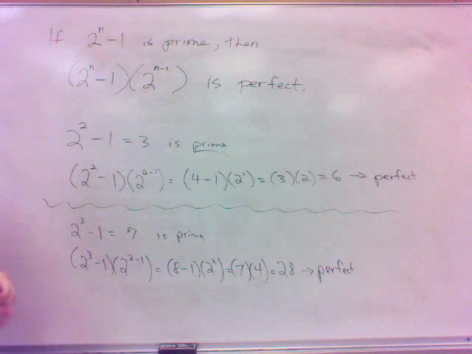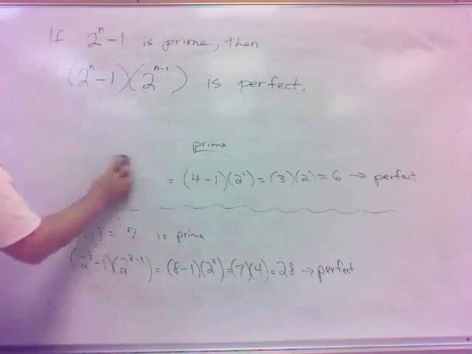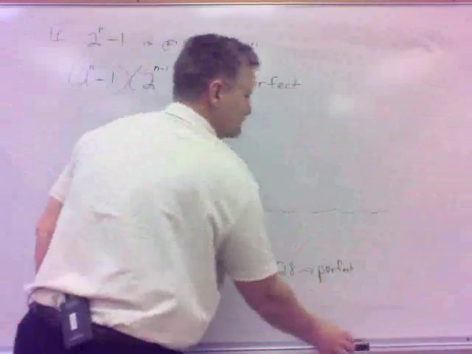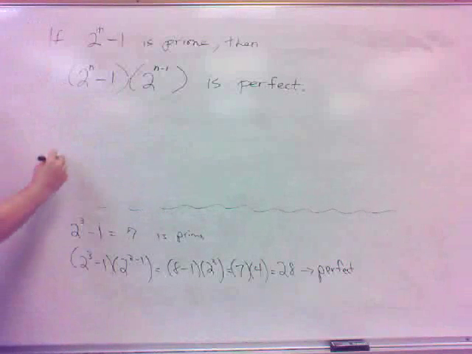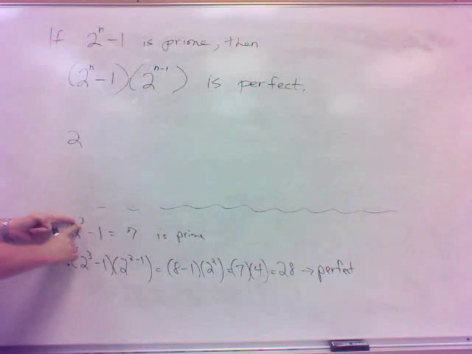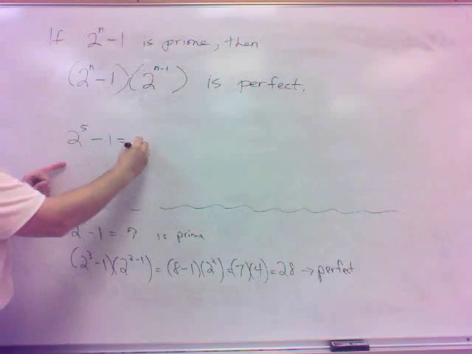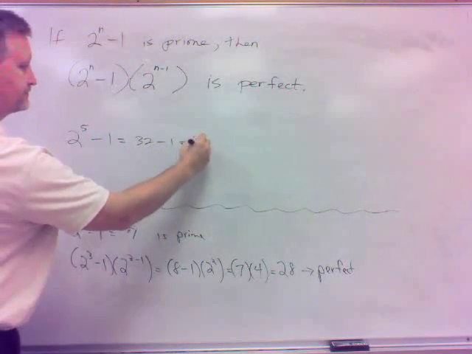Well, let's see if it works. I told you that the third perfect number was 496. Let's see if it worked. So the third Mersenne prime, remember we had to go to 2 to the fifth minus 1 to get it. That's 32 minus 1, that's 31.